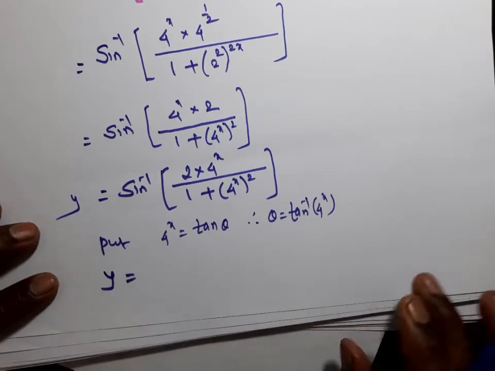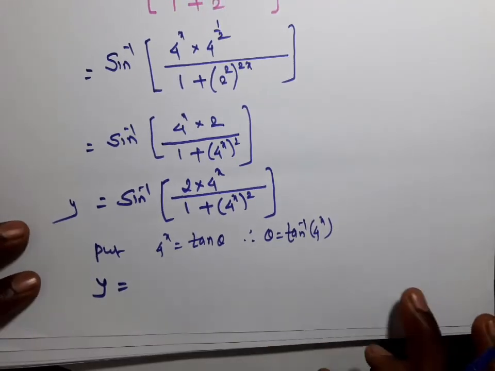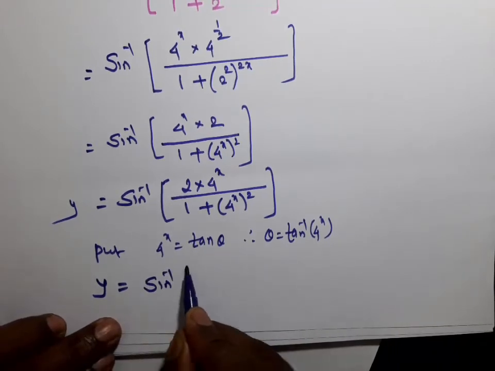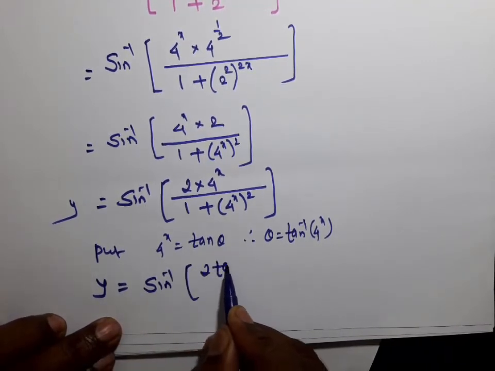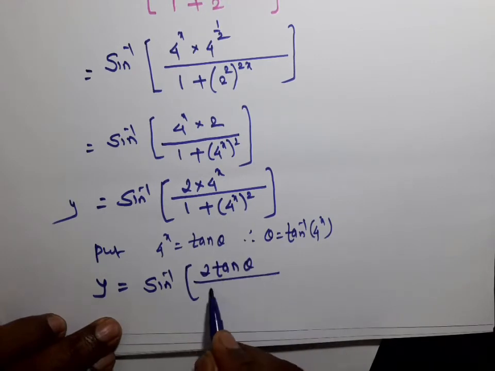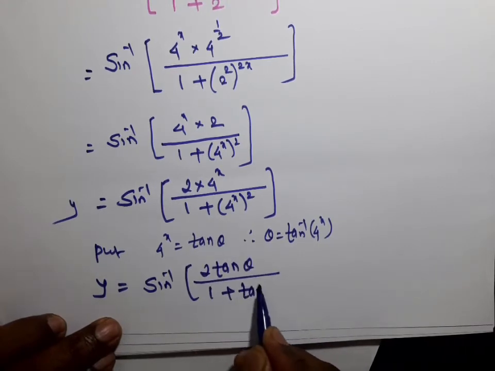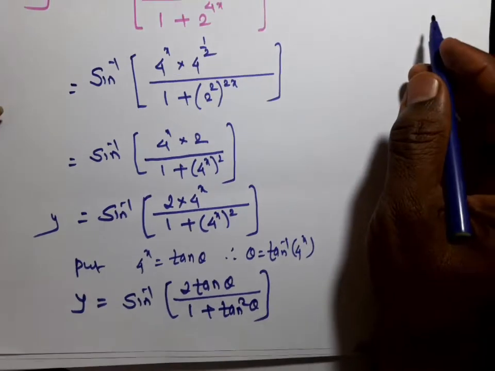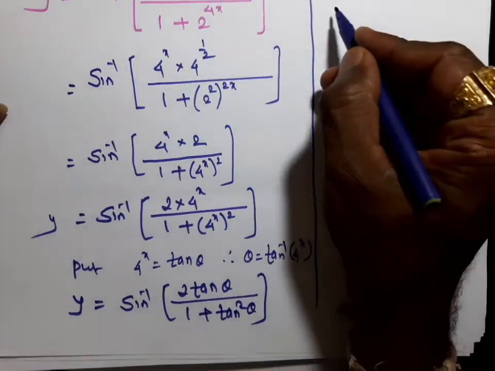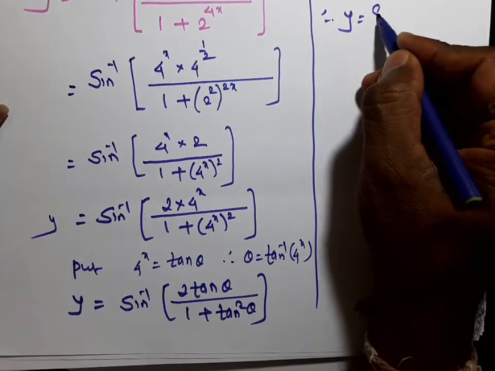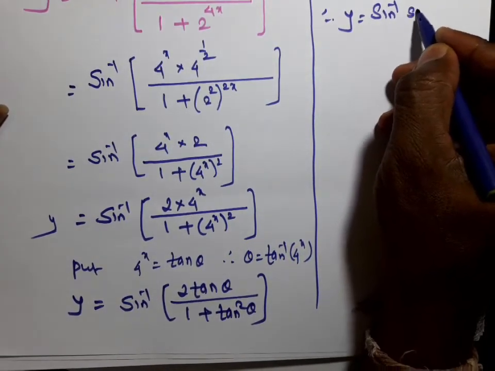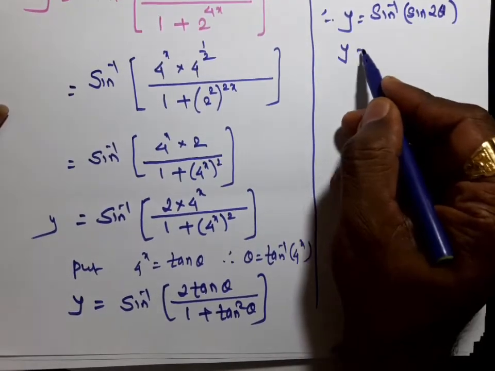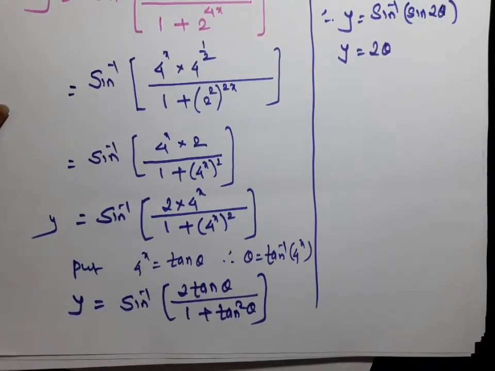So this is equal to sine inverse of 2 tan theta upon 1 plus tan square theta. Therefore, y is equal to sine inverse sine 2 theta, and hence it would be 2 theta.